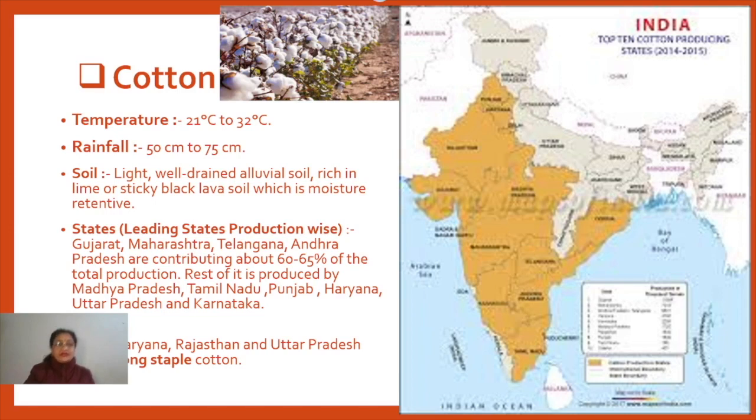Now when we say the rainfall should be almost within 50 to 75 centimeters, it should not face any drought condition on one side. Moreover, it should not be heavy rainfall. It should be well distributed throughout the growing season, not during the harvest part.